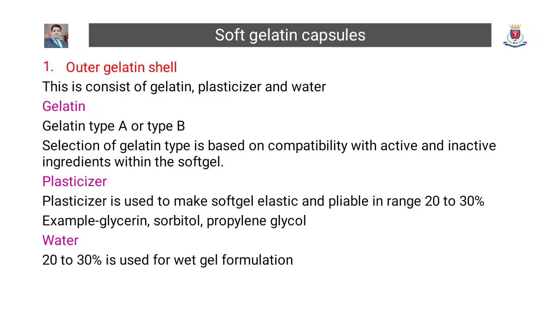Plasticizer is used to make the soft gel elastic and pliable, in the range of 20 to 30%. Commonly used plasticizers are glycerin, sorbitol USP, and propylene glycol. The water content in the outer gelatin shell is usually 20 to 30%. This is good for wet gel formulation.